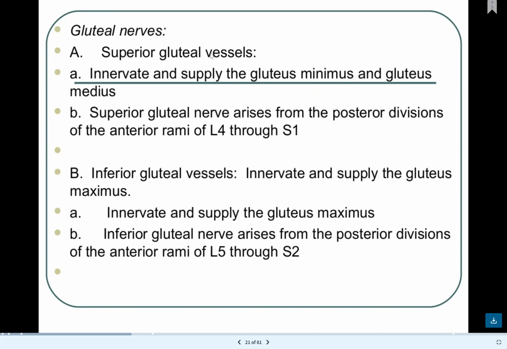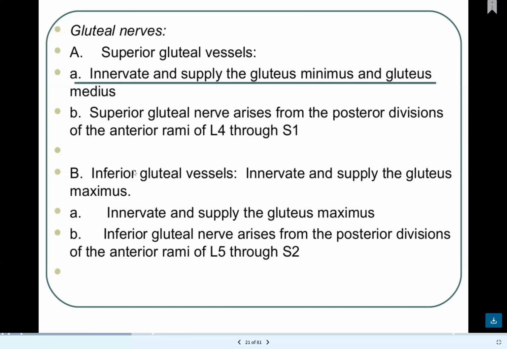What I'm trying to say is that the superior gluteal vessels will supply blood to the gluteus minimus and gluteus medius, whilst these muscles are innervated by the superior gluteal nerve, which arises from L4 to S1.